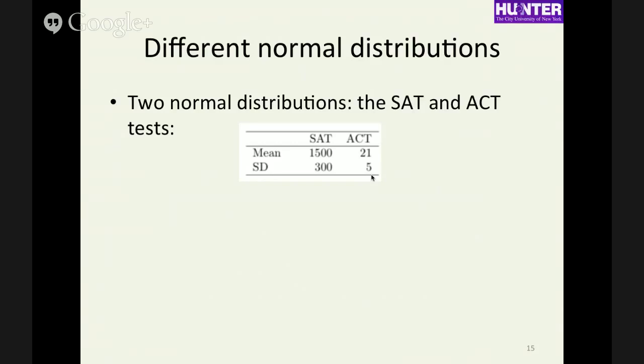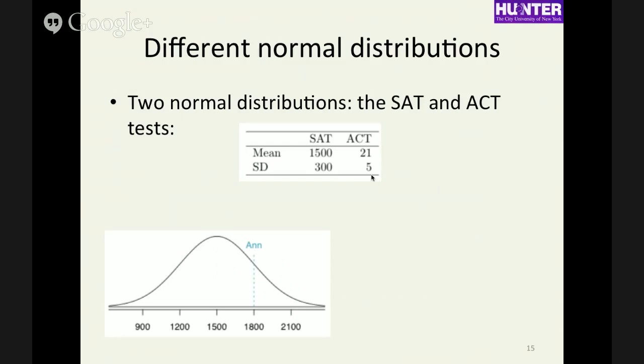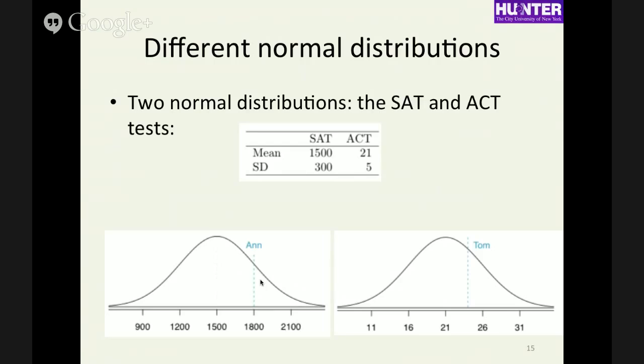So two different normal distributions. Anyone know which one this is? Which test did Anne take here? Yeah, that's the SAT because it's centered on 1500, has a standard deviation of a few hundred. And Tom took the ACT because it's centered on 21.